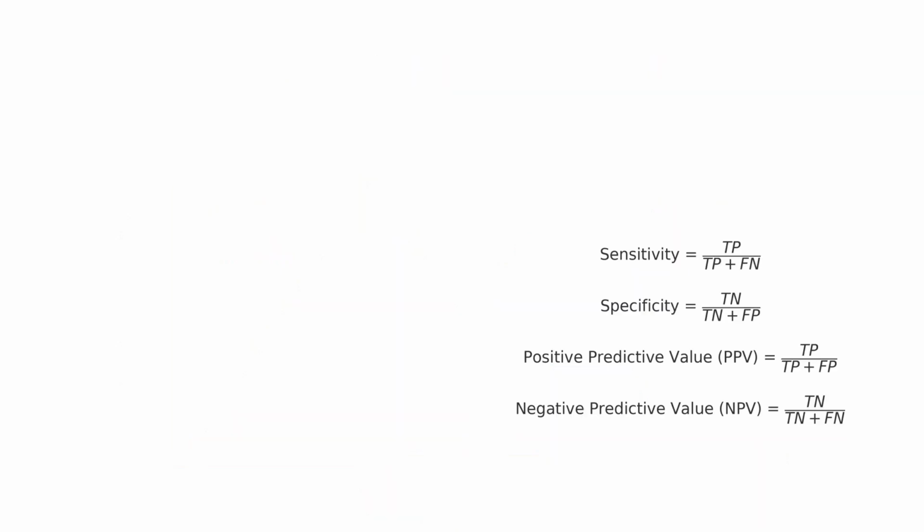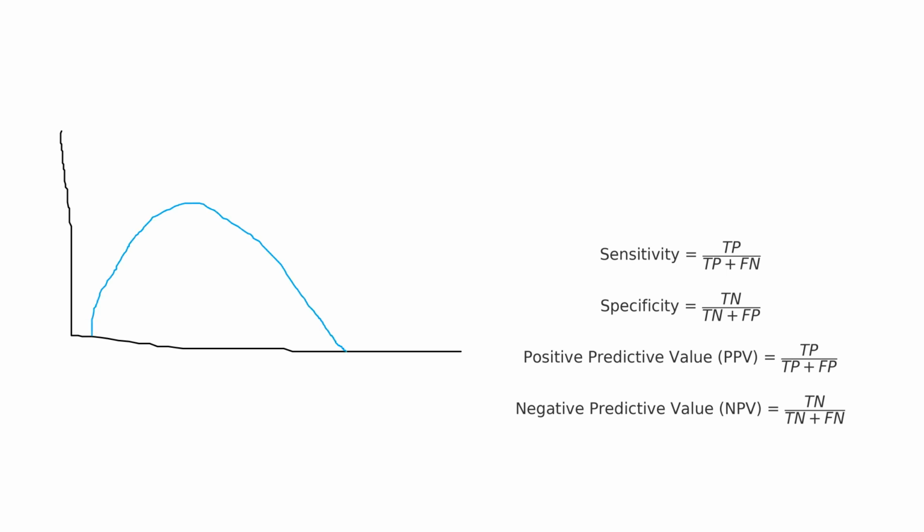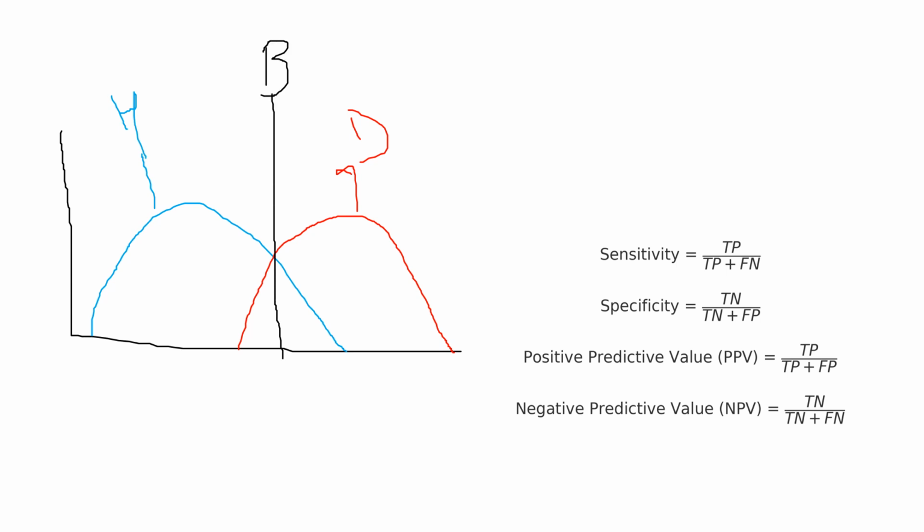Okay, so let us just familiarize ourselves with the graph. These are healthy people and these are diseased people. This is the cutoff value we are using initially, B, and everyone to the left of this cutoff value is deemed negative for having the disease.